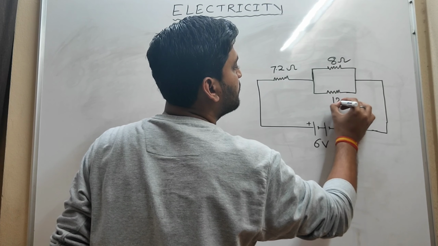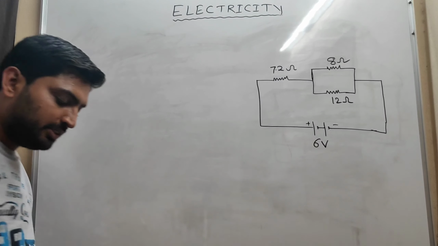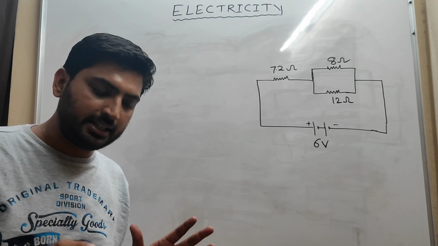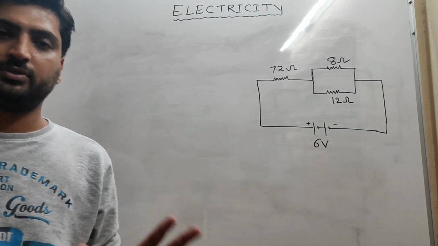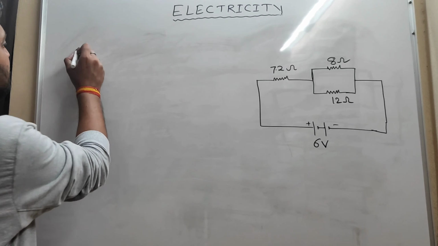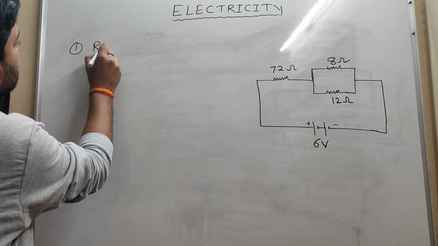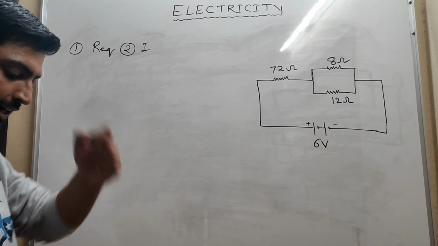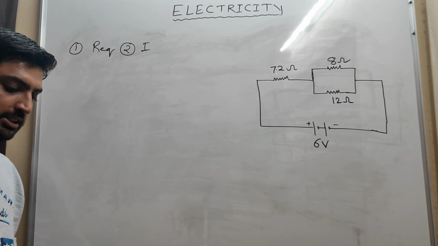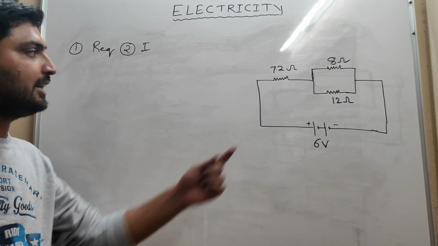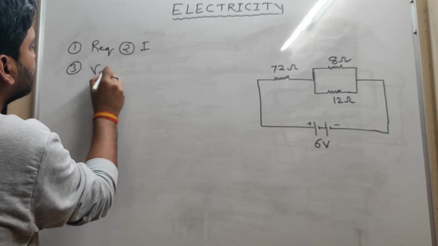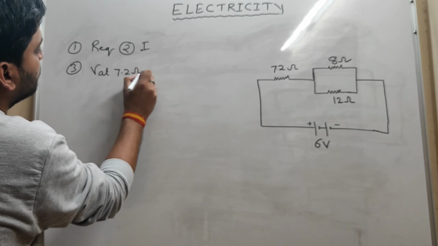8 ohm, 12 ohm. So what we need to find here: first R equivalent, second the total current I, and third the potential difference at 7.2 ohm.